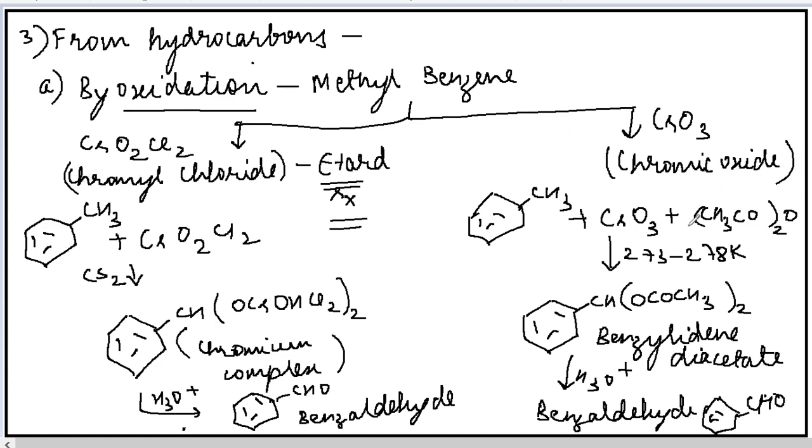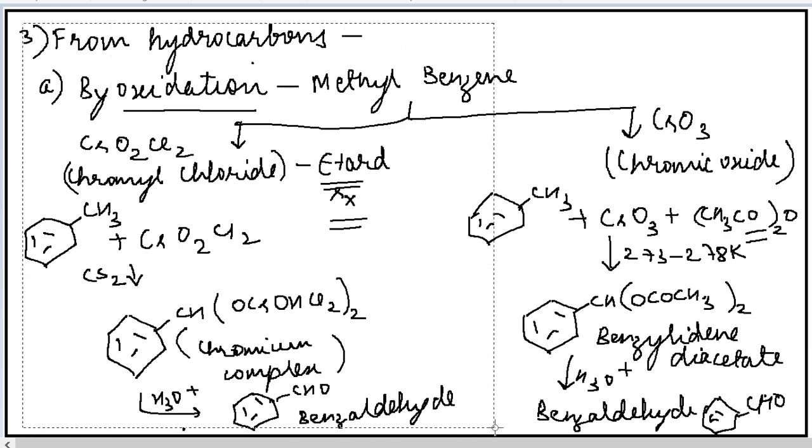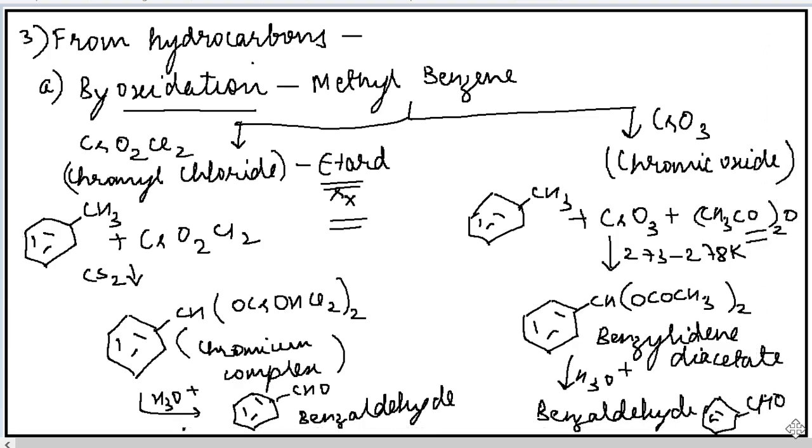In presence of chromic oxide, methyl benzene reacts with chromic oxide and with acetic anhydride, and first forms benzylidene diacetate, which on further hydrolysis gives benzaldehyde. So this was the first way of preparing aldehyde from hydrocarbon.